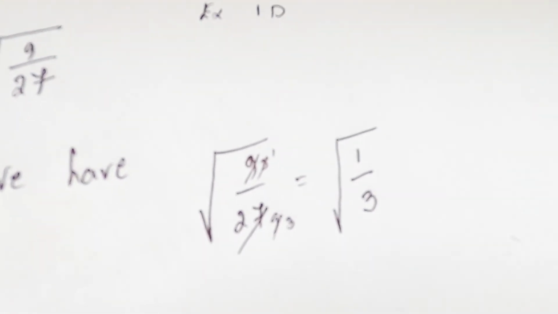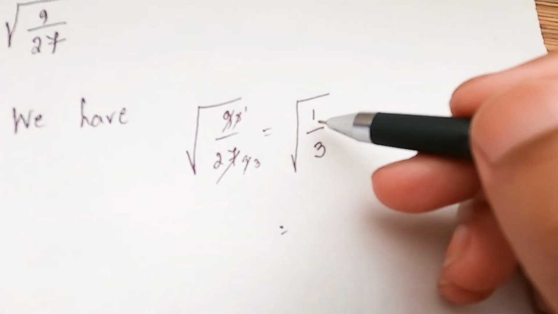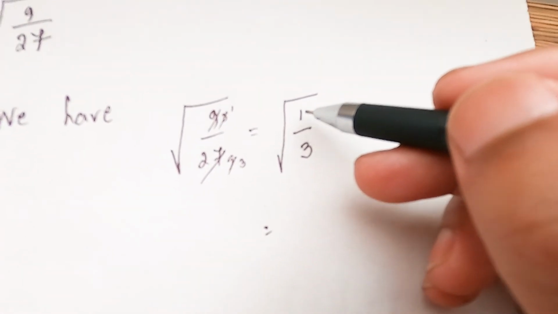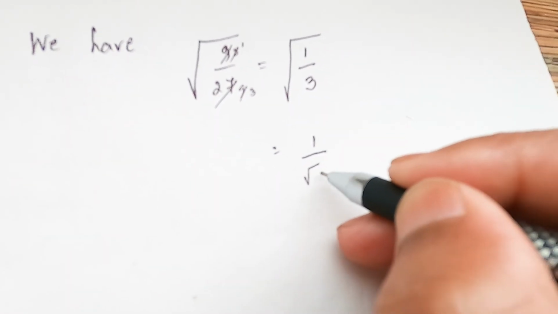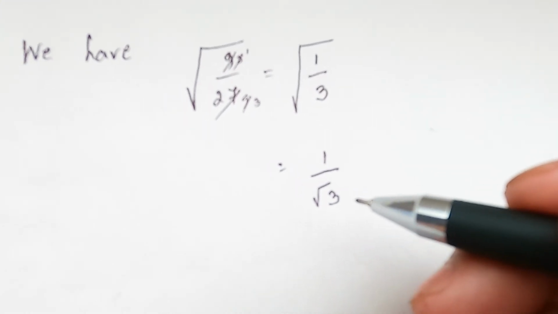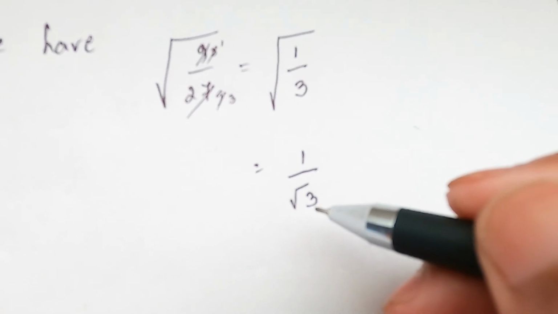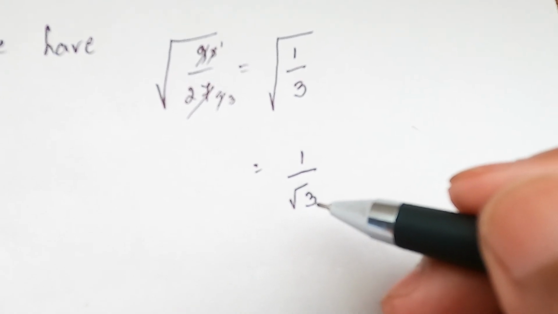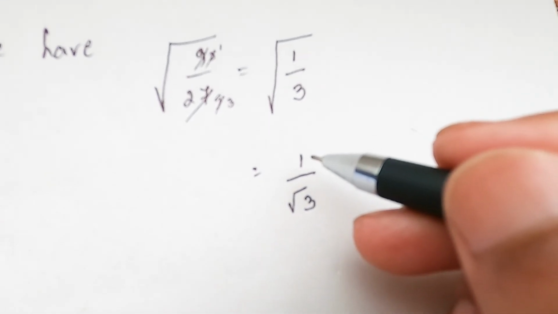All right, so what we will do next is we will split them up. So the square root of 1 will be 1, and in this case it will be root 3. All right, so as per the rules of mathematics, root 3 cannot be in the place of denominator. It should always be in the place of numerator.